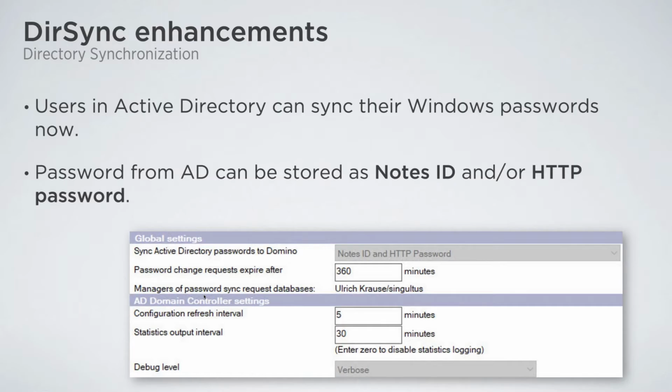Now in version 12, you can synchronize and store the Active Directory password in the Domino directory, either primary or secondary, and users can share one password across Active Directory and the Domino directory. So if you are using DirSync in version 11, please explore this feature, and if it will be valuable for you, you can turn it on and set it up.